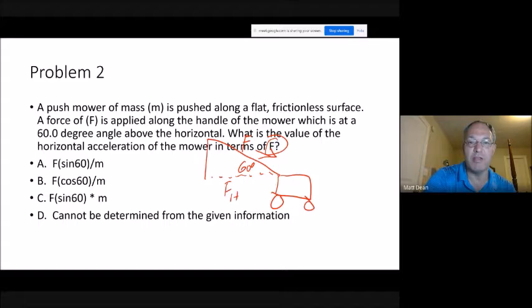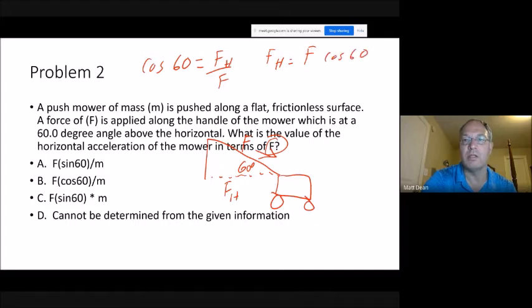We called that FH. And we said that the cosine of 60 equals the adjacent side FH over the hypotenuse F. So FH equals F cosine 60. So that's the horizontal component of the force, which is the net horizontal force since there's no friction. So that's F net.